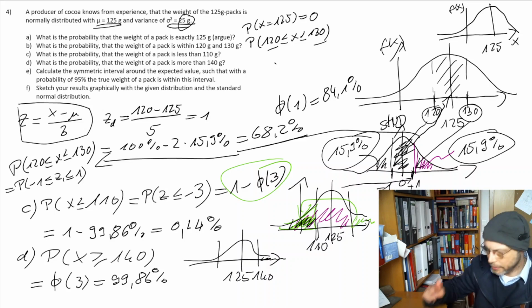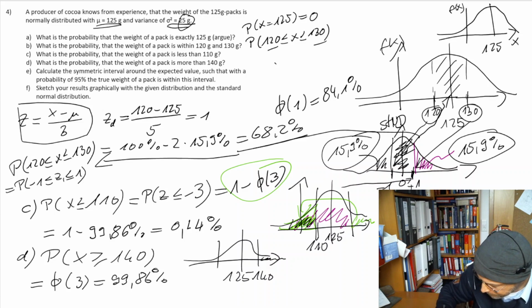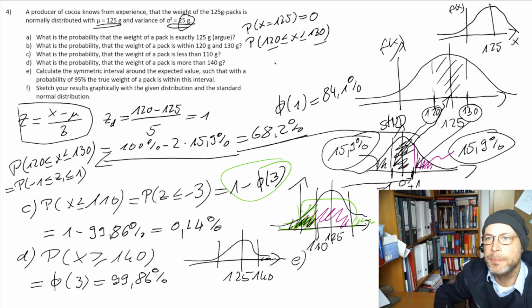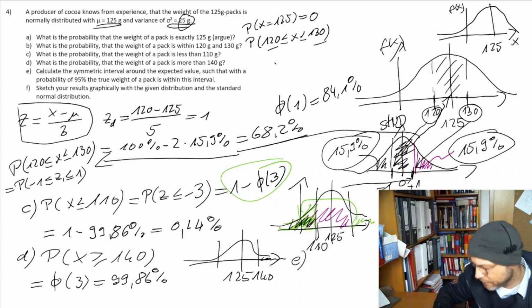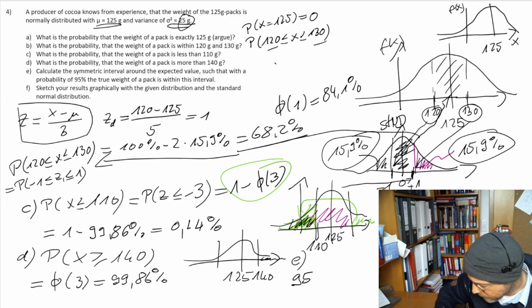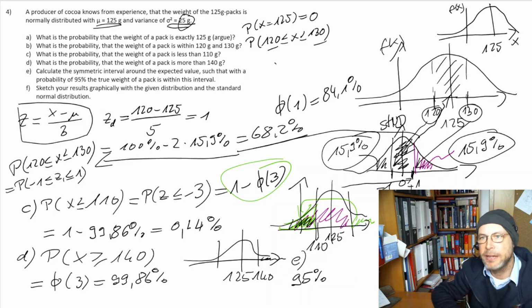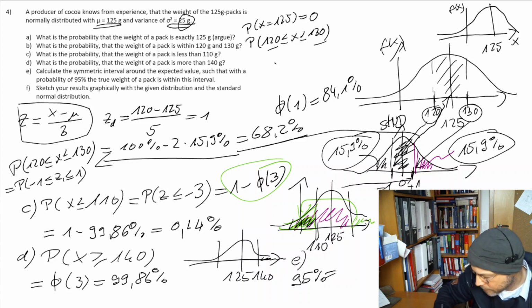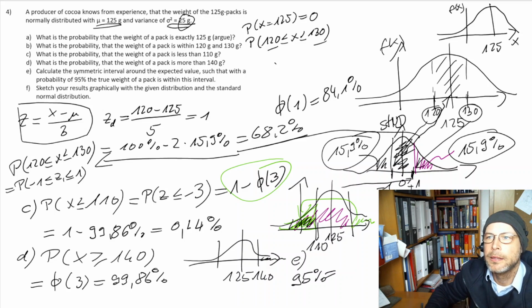Oh, E is interesting. Then we have E, probability 95%, so 95% equals what calculates a symmetric interval.